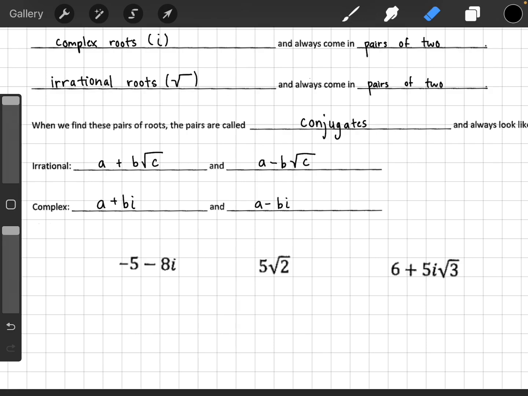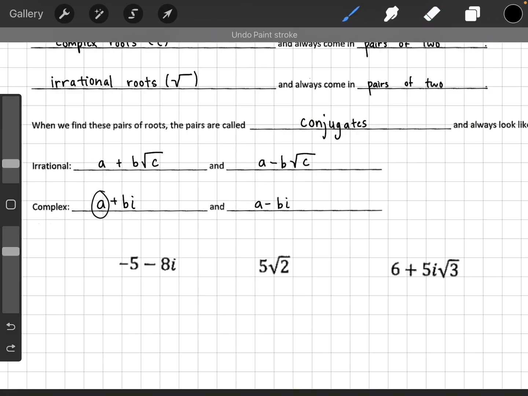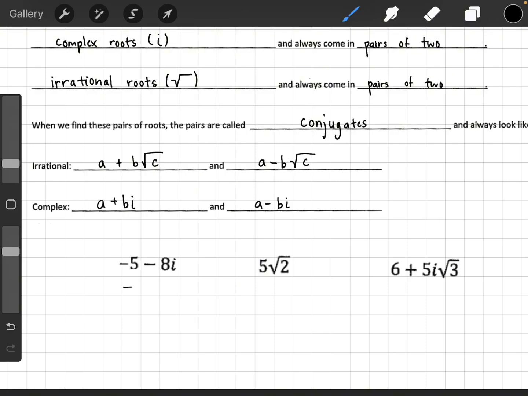So this is a complex root, and we notice that a and a stay the same. They don't switch signs. So this will stay negative 5, whereas the second term bi changes signs. So we'll change this from positive to negative, and from negative to positive.